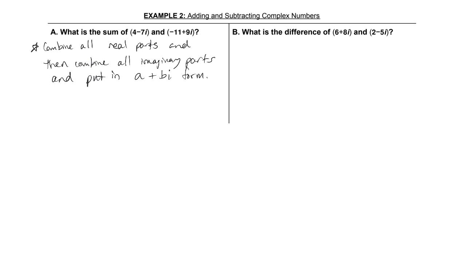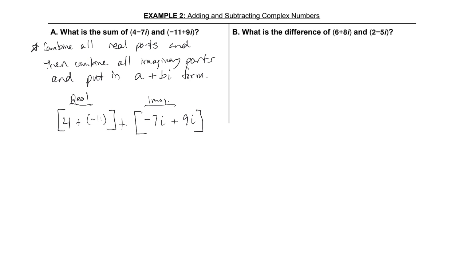Okay, so we're taking the sum of these. Let's add our 4 plus our negative 11. That's our real part. Imaginary would be our negative 7i plus 9i.